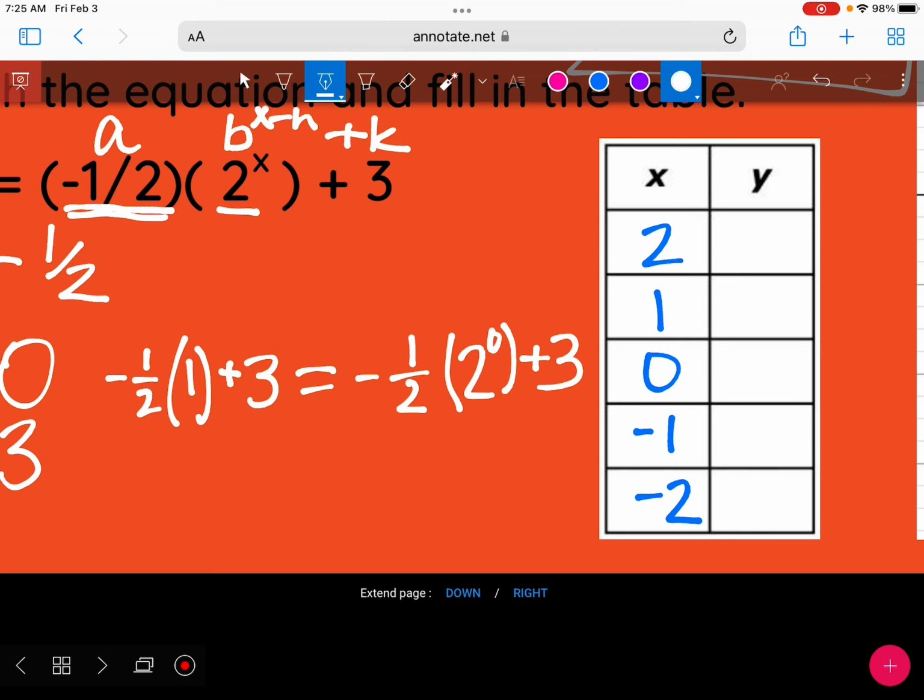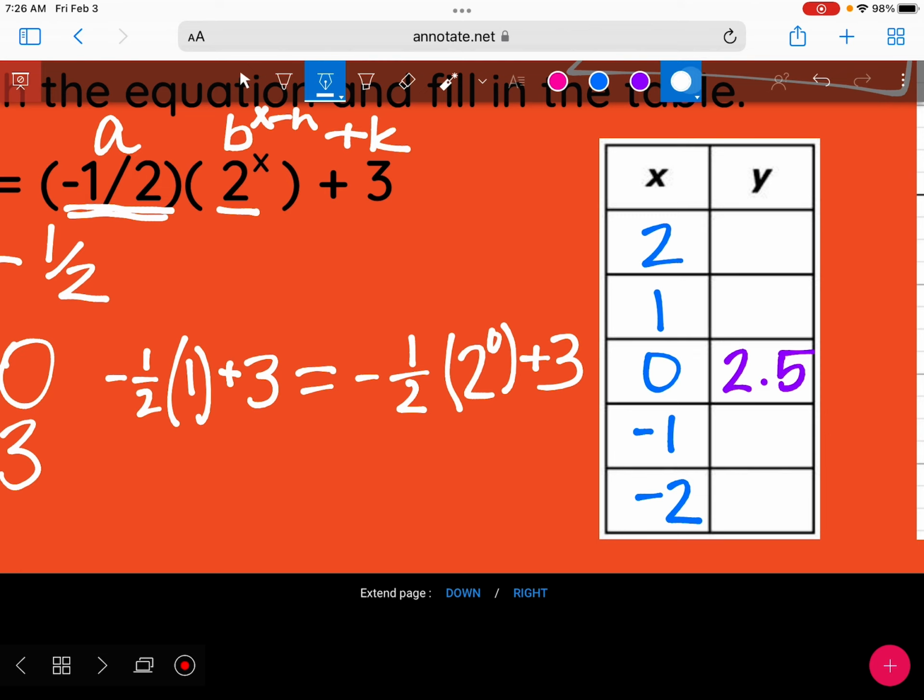So what do you get? Anyone plug in their calculator yet? What's negative 1/2 times 1? 2.5, yeah.